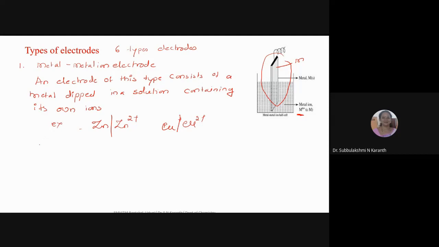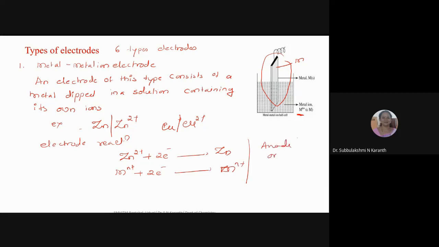The electrode reaction in a metal ion electrode is the zinc ion taking a reduction reaction to give zinc. The electrode may act as anode or cathode depending upon the other electrode. You already observed this while solving problems.